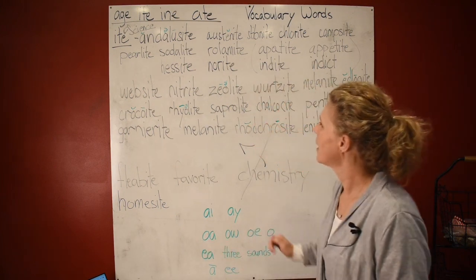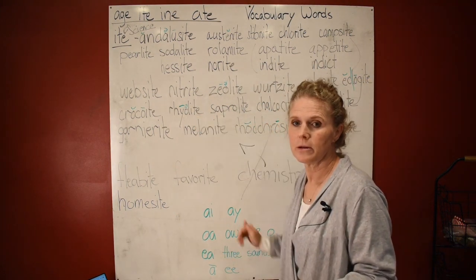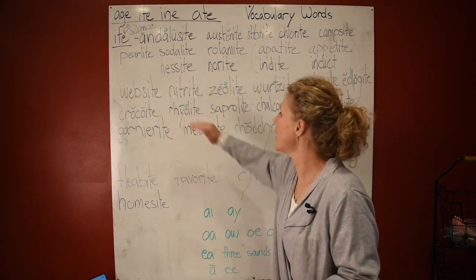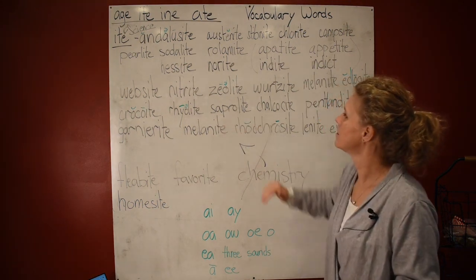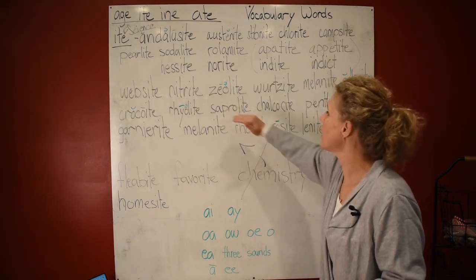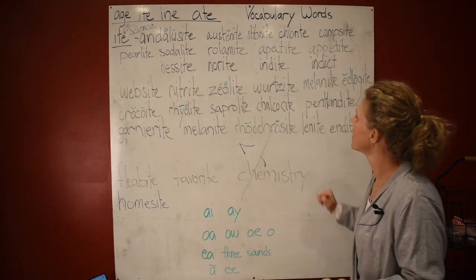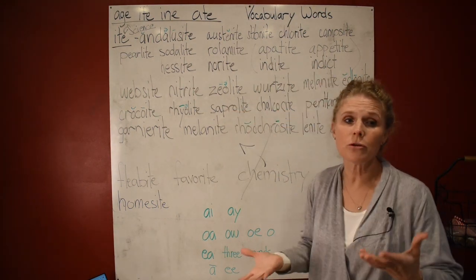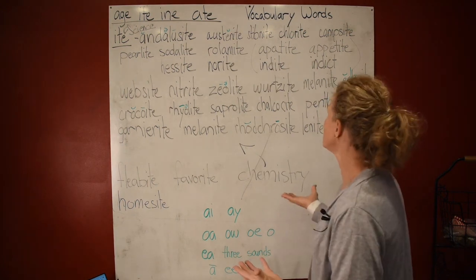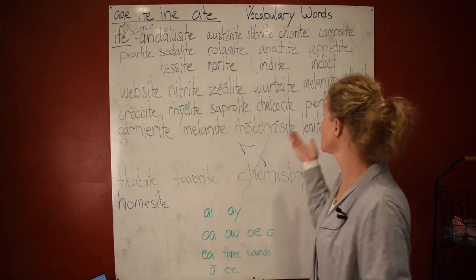Crocolite. How about this word? Try this one. Rhyolite. How about this one? Saprolite. How about this one? You kind of move it into a word because it's hard to read.